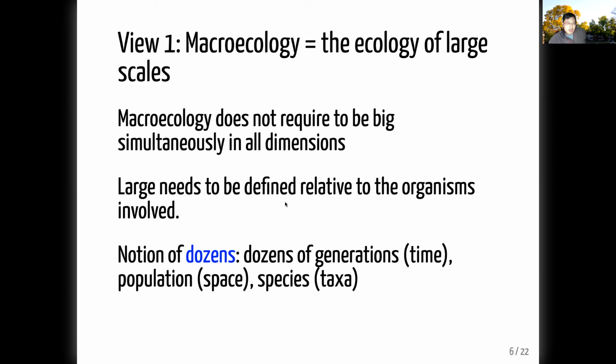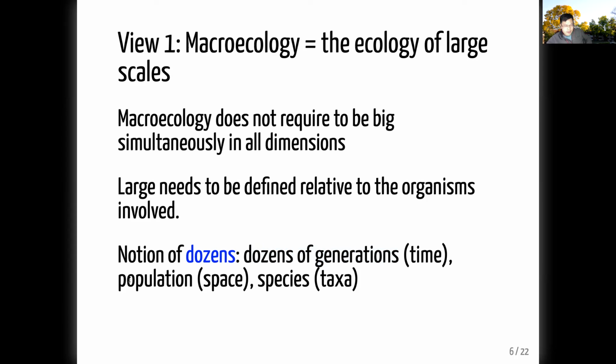And also, when we talk about large, how large is enough? Well, this needs to be defined relative to the organisms involved. And in this McGill 2019 paper, Brian mentioned using the notion of dozens as a sort of threshold. So dozens of generations of time would potentially be large enough.